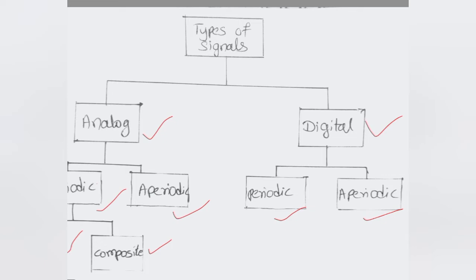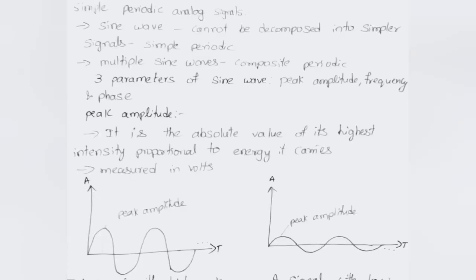It is a continuous wave, the pattern keeps on repeating, and the sine wave is continuous. So the best example of a simple periodic analog signal is the sine wave.